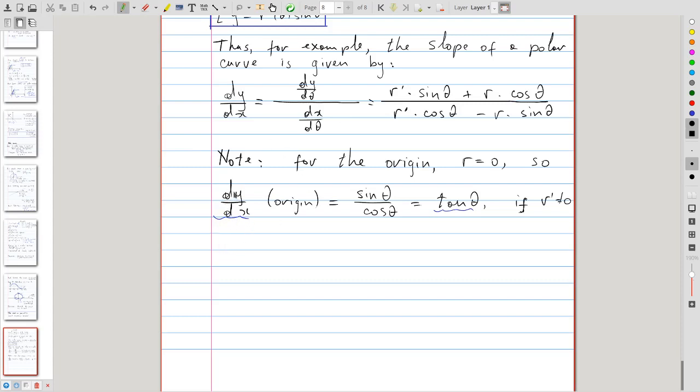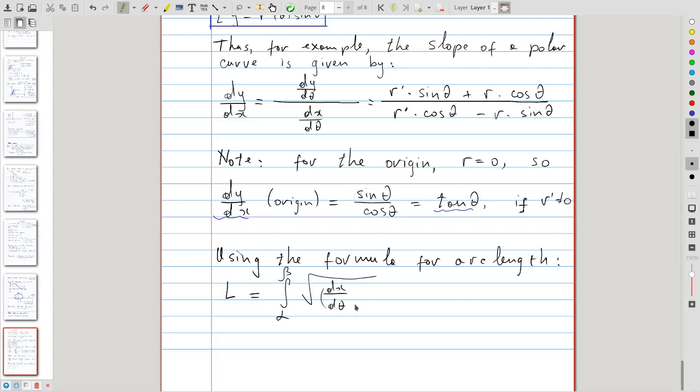So if we recall that the formula for arc length of a parametric curve gives that length of a curve, in the general case parametric, is given by the following expression: square root of dx over d theta squared plus dy over d theta squared, integrated with respect to theta.